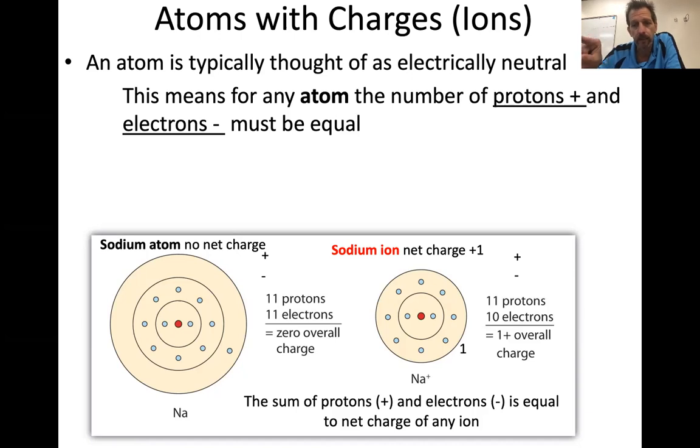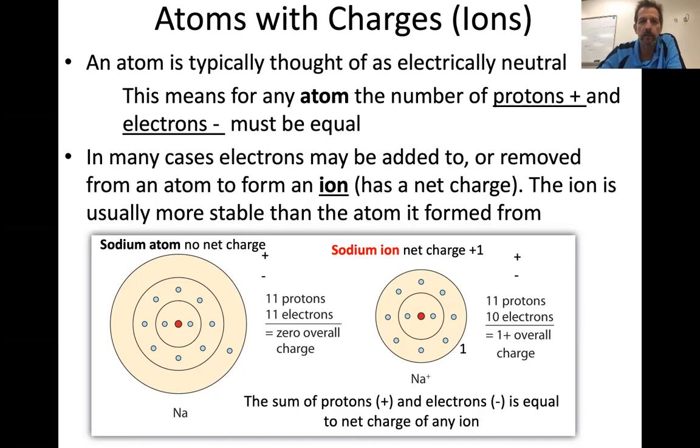But what may happen is either electrons could be lost or electrons could be gained, and then we're speaking about something that has a net charge, something that we call an ion. And usually the reason that atoms form ions is to become more stable. So in most cases, the ion version of the atom is stable when it forms naturally.